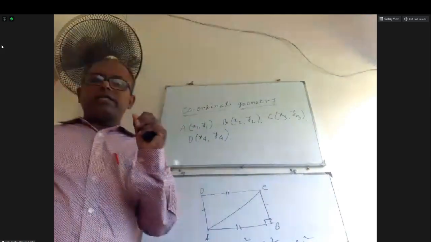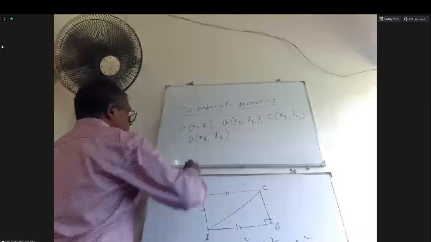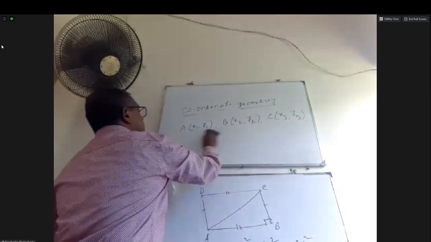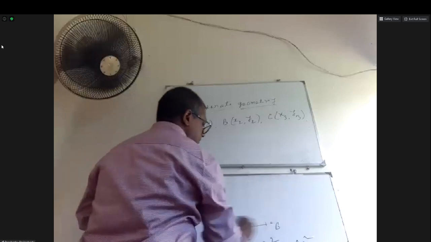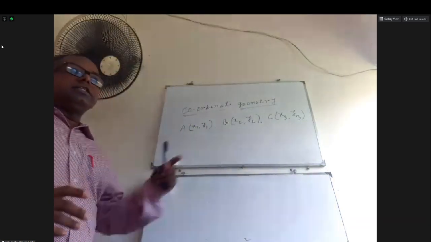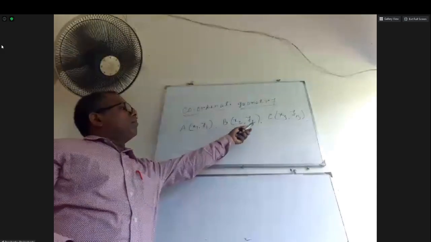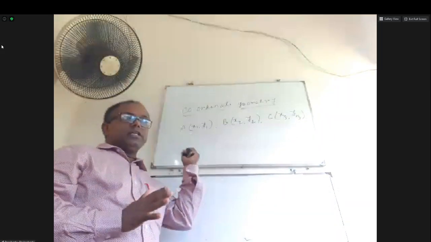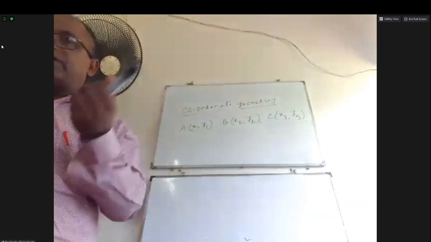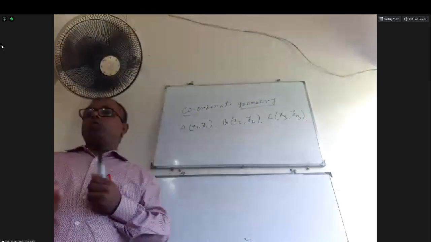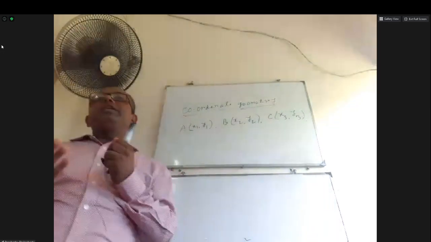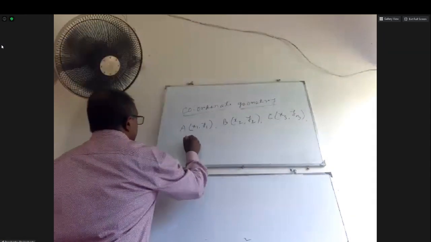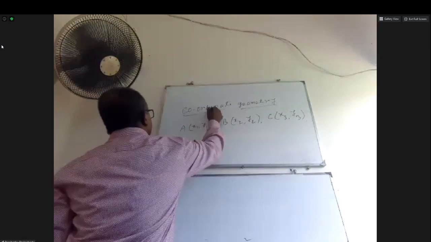If these 3 points are given, let us assume these 3 points are the vertices of a triangle. Then, how can we determine the area of the triangular region ABC?